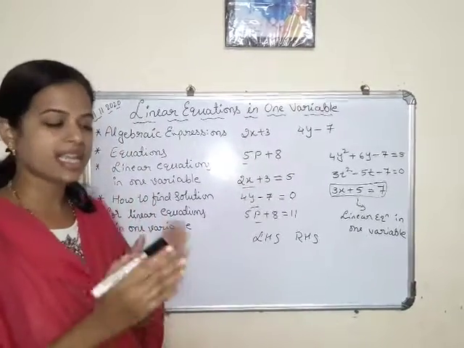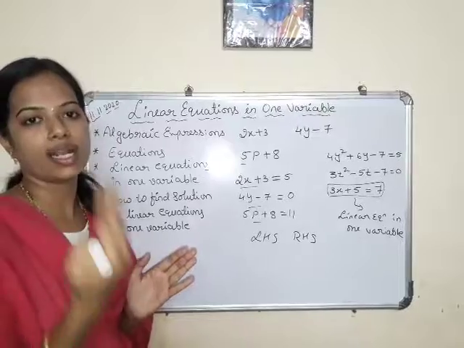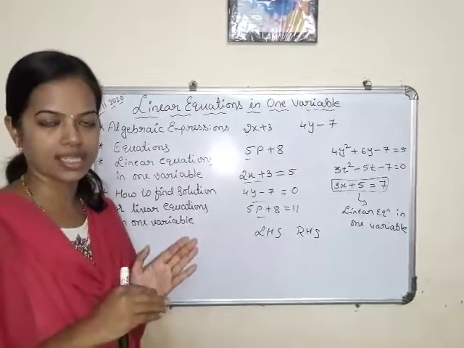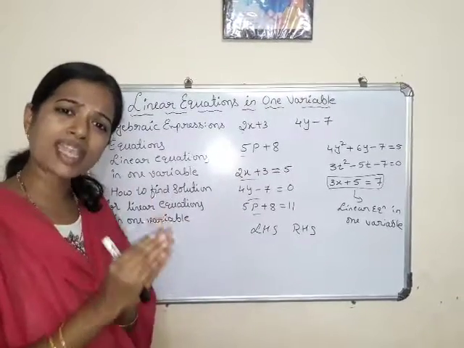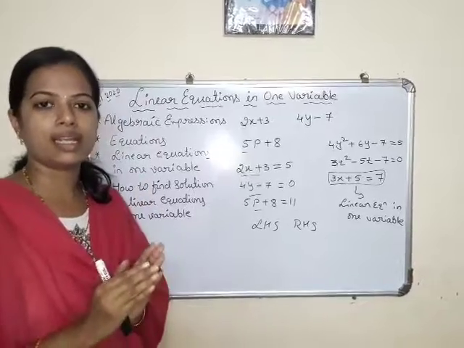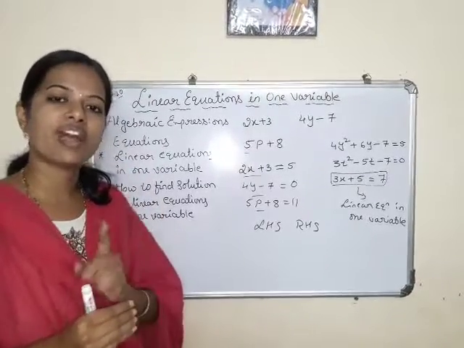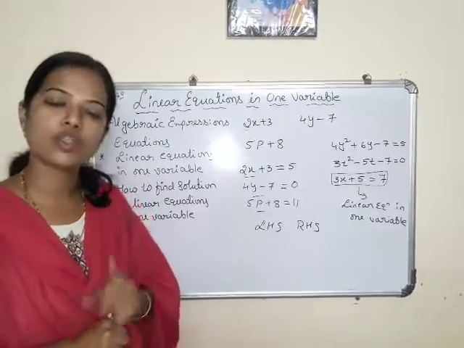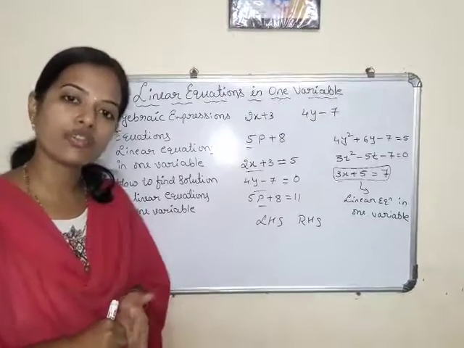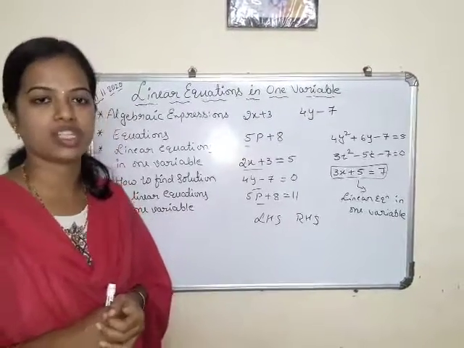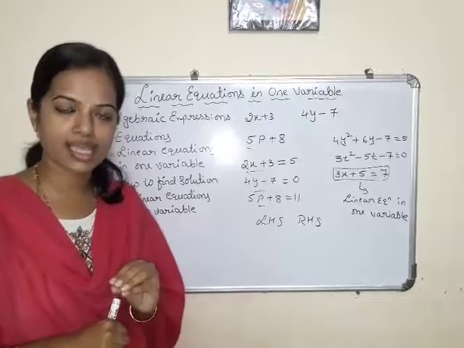Transposing means taking all the constants to one side, RHS or LHS, and making the variable single. By doing this, we can find the value, or solution, of the equation, which we also call the root of the equation. Mainly 5 methods are there.